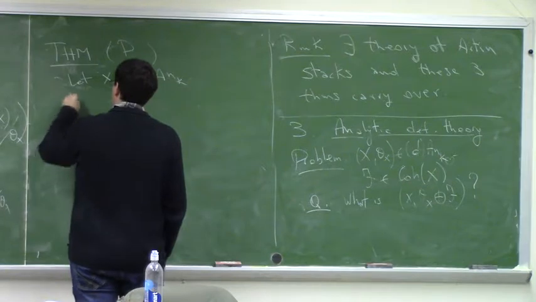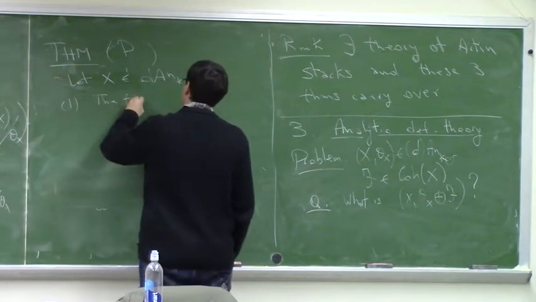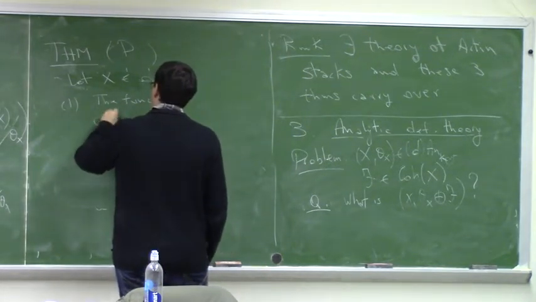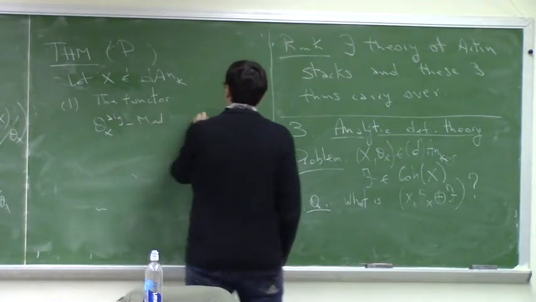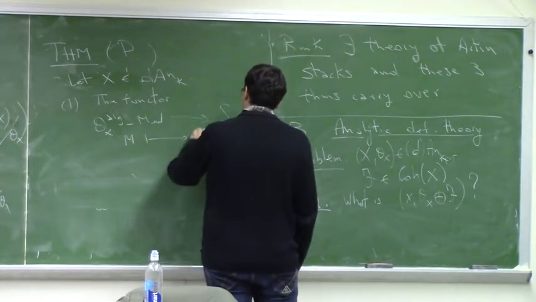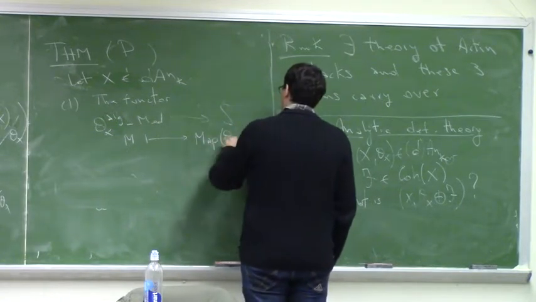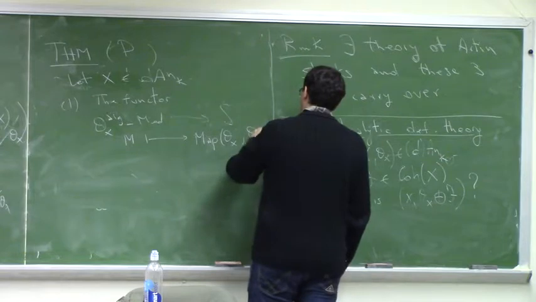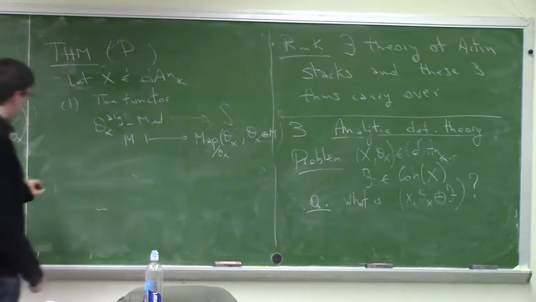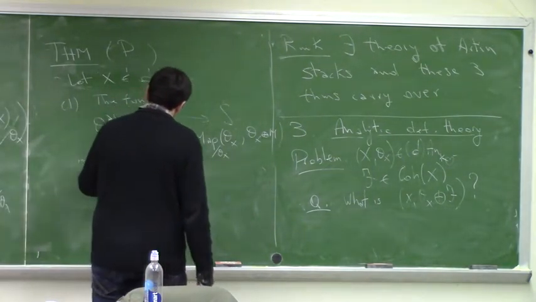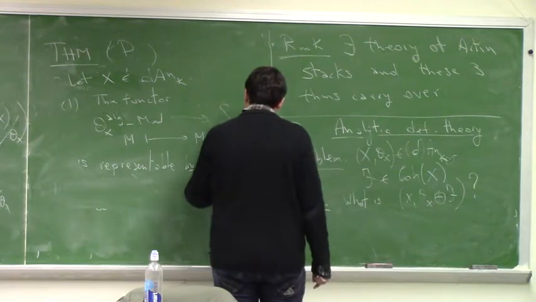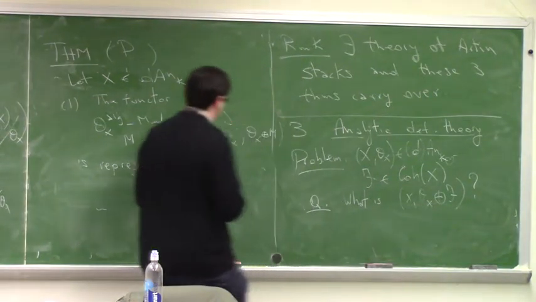Then the functor which goes from OX modules to spaces, sending M to sections of the canonical projection, is representable by an object that I call the analytic cotangent complex of X.